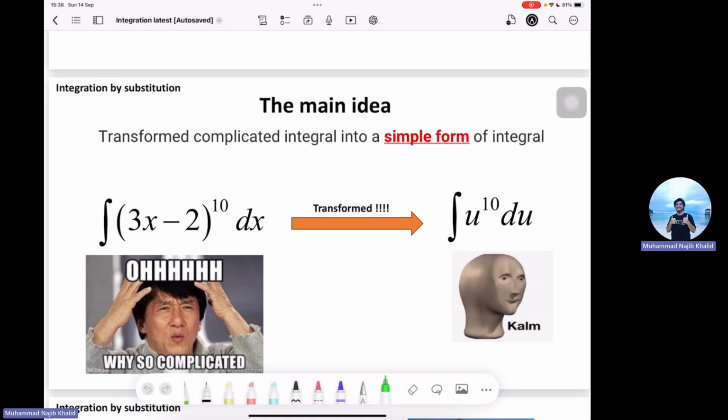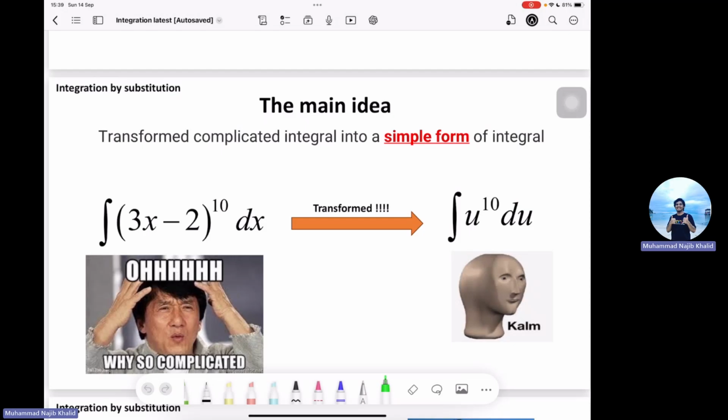Like an example: at first glance, you will find it is hard, right? And you are stuck. I believe you will be stuck on how to solve the equation, and we will apply this method to this equation so that we can transform it into a much simpler form of the integral. Alright, so let's get started.